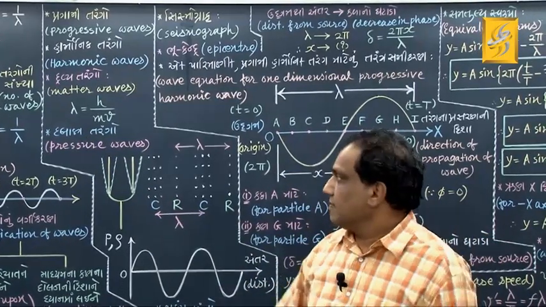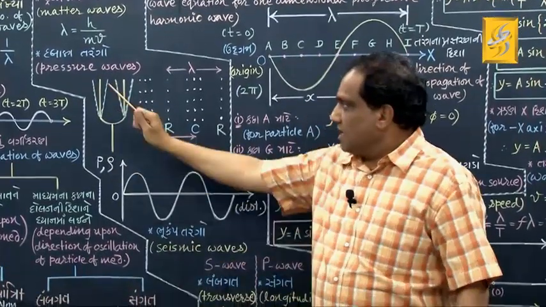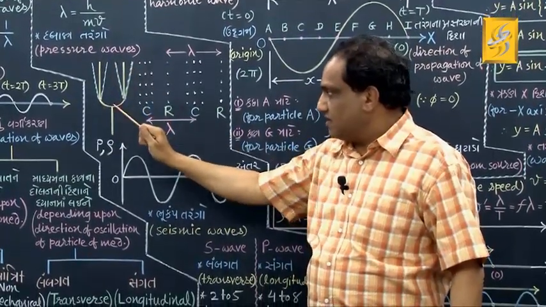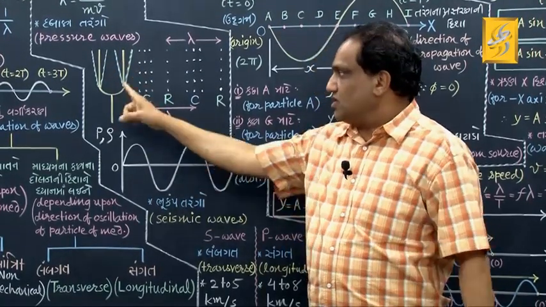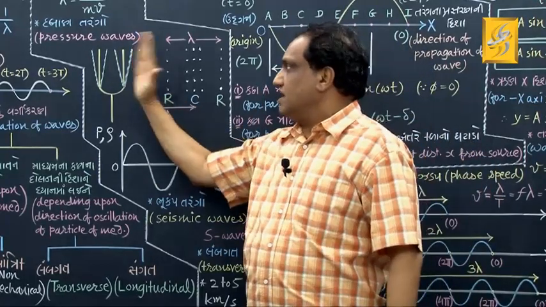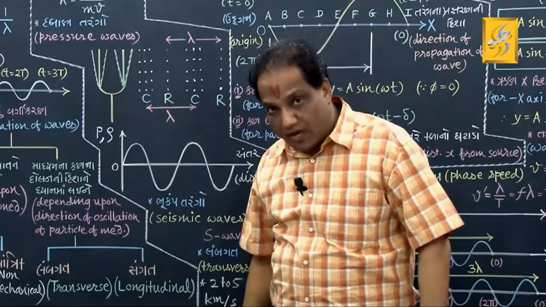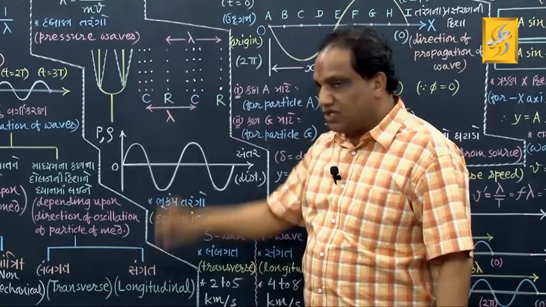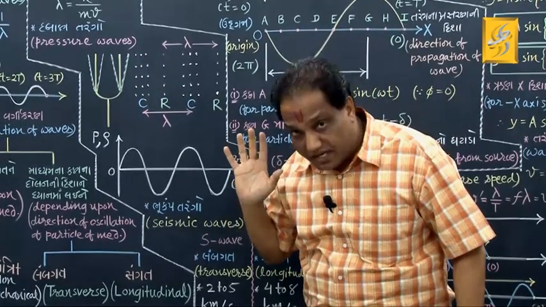What about pressure waves? Consider this tuning fork. These are the prongs of the tuning fork, and when you strike this tuning fork with a rubber pad, naturally these prongs will start vibrating. During their vibrational motion, in the neighboring region the pressure and density go on changing periodically.